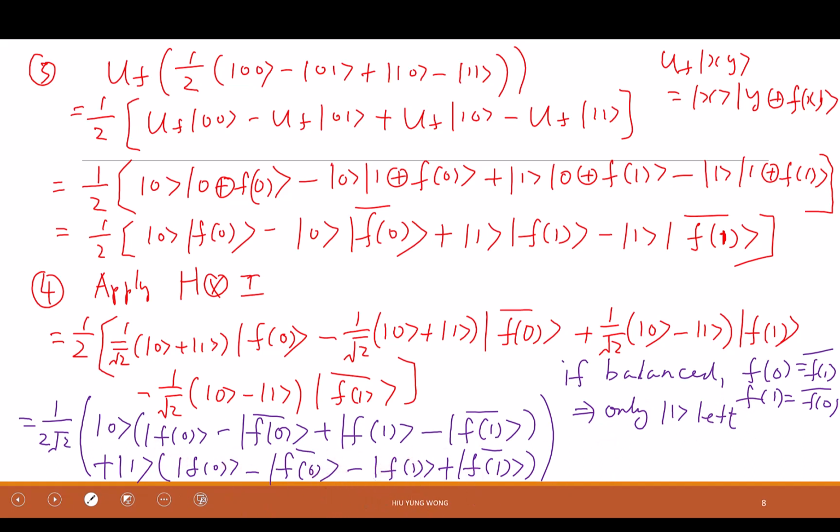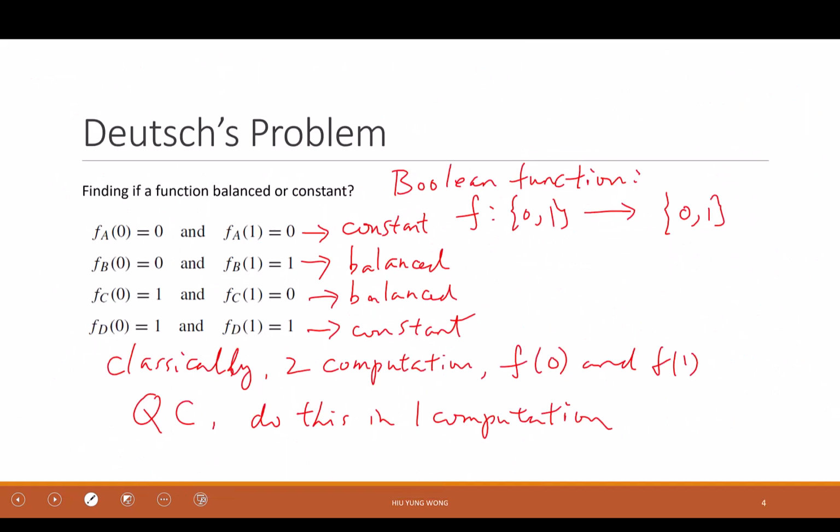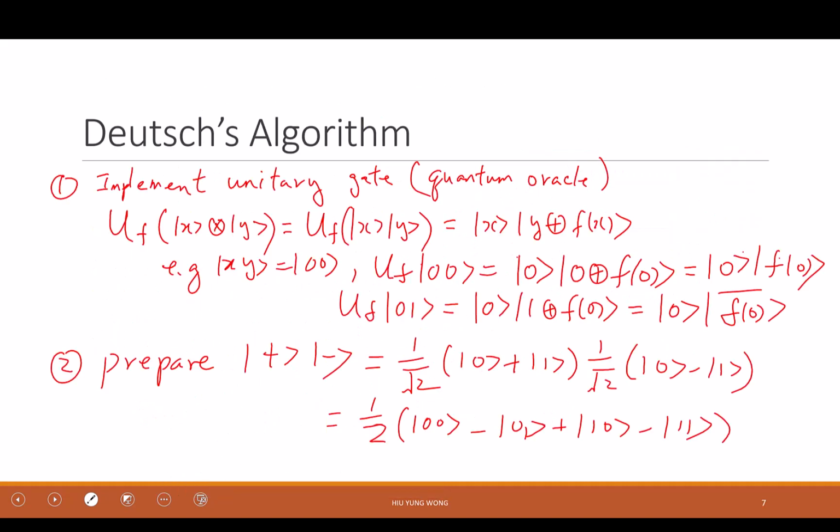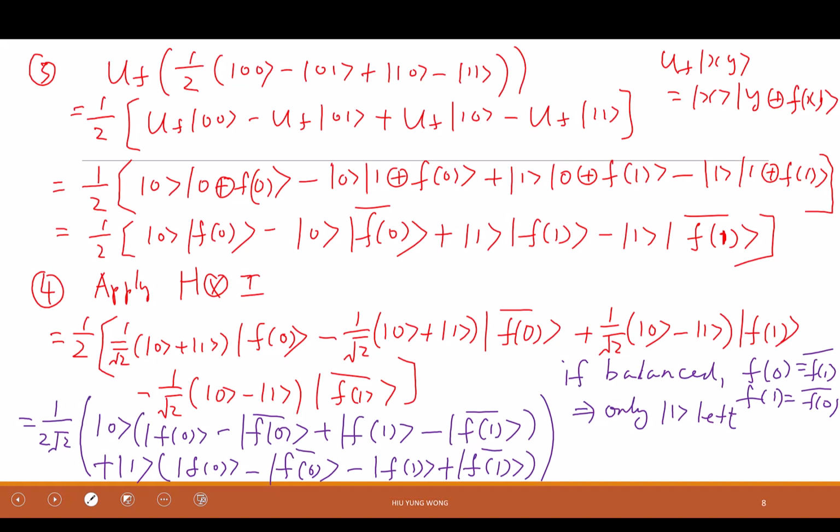So you only have the one state left for the MSB. If this is a balanced function, it means that if the function is in this form, B or C, when I go through this algorithm and measure the most significant bit, I can only get one.